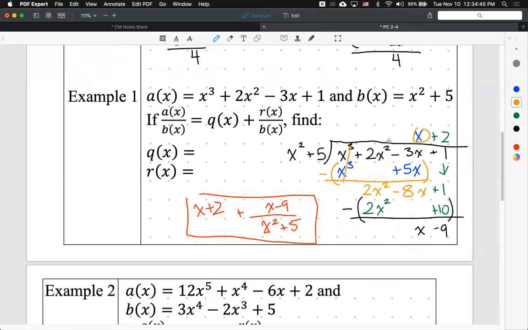Yeah, because you could have had x squared plus, or I guess not, because 5 wasn't going to go with the 2x squared. Oh, are you asking about this 5x? No, sorry.